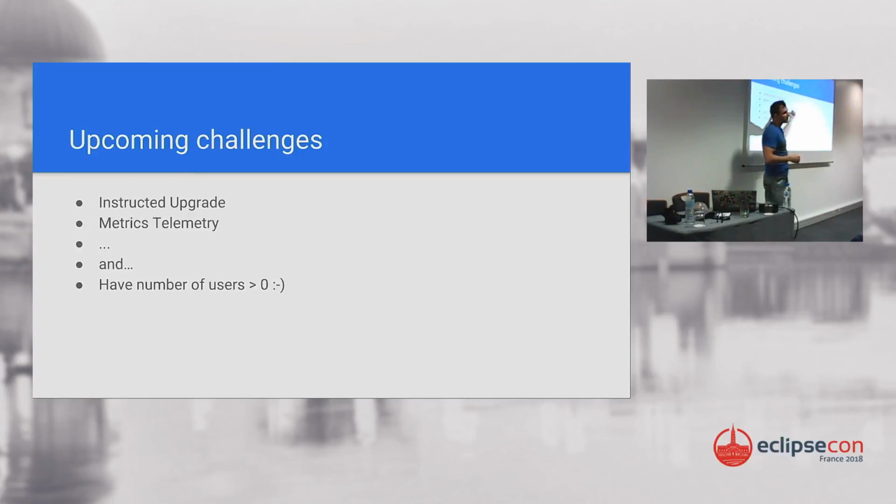The metrics telemetry: as you just saw, the error telemetry is already done, but the metrics telemetry means storing the number of pipelines, the number of steps, or whatever metrics are interesting. This will help accelerate developers, because we are going to reduce the feedback loop.